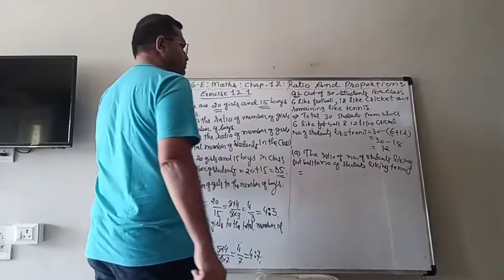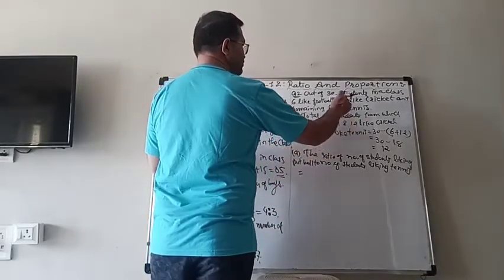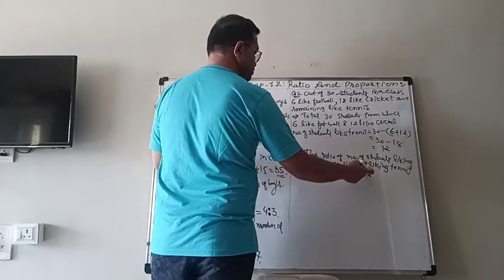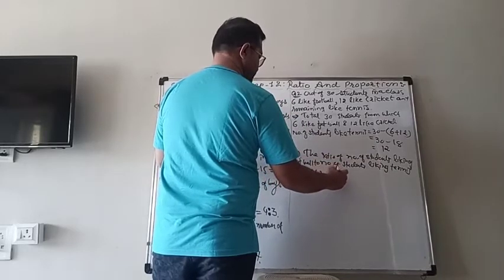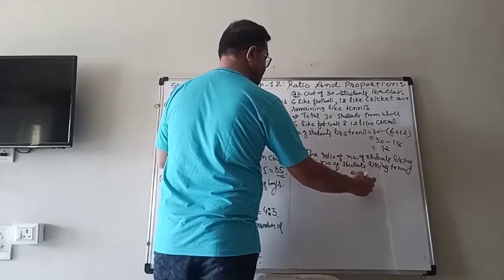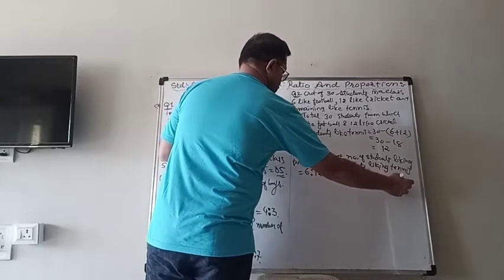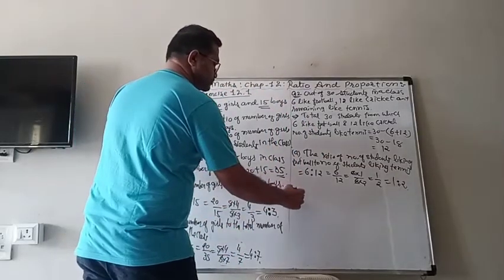So now, how many like football? 6. So that is 6 is to tennis, 12. That is 6 upon 12, 6 ones are 6, 6 twos are 12. That is 1 upon 2. So it is equal to 1 is to 2.